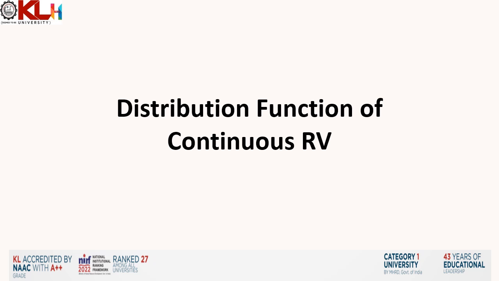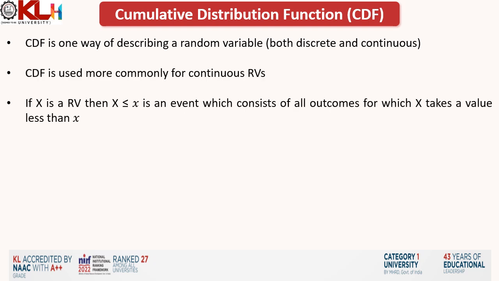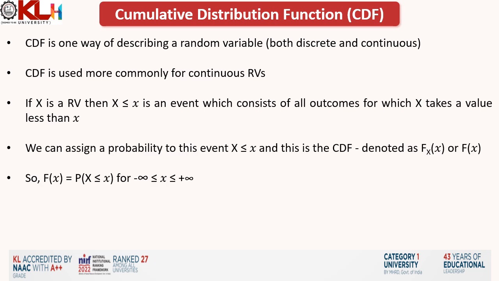Now let's look at the distribution function of continuous random variables. The CDF, as I mentioned before, is more commonly used for continuous random variables, and the definition of CDF is the same for both continuous and discrete.